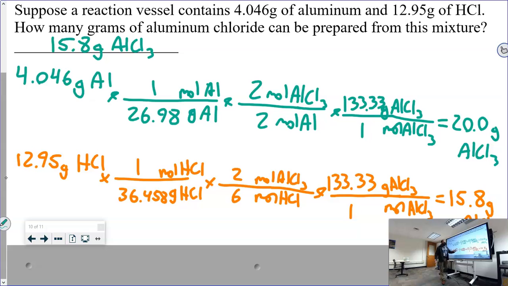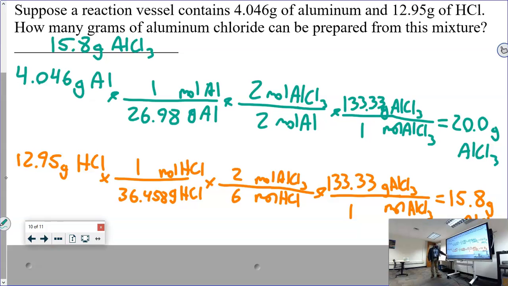So at this point, when we've produced 15.8 grams of the aluminum chloride, we have run out of hydrochloric acid. And we can no longer produce any more. We're done. So the total amount of aluminum chloride that we can produce is the lesser of the two. Questions?